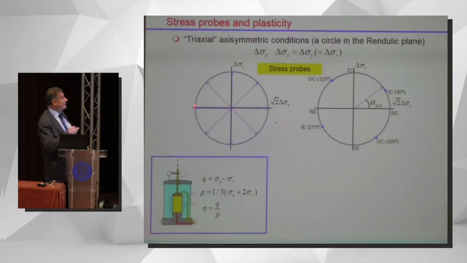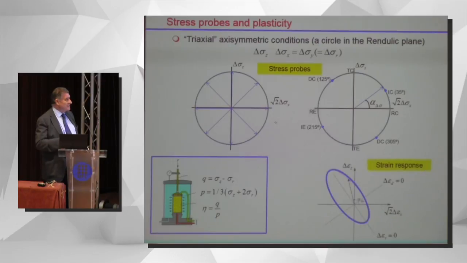In order that they have the same magnitude, they will plot as a circle if you use what is called the Rendulic plane: increment of vertical stress and square root of 2 times the increment of radial stress. And I'm going to characterize the orientation by this angle here. So 90 degrees corresponds to triaxial compression, 0 to radial compression, isotropic compression would come around here, deviatoric compression here, and so on.